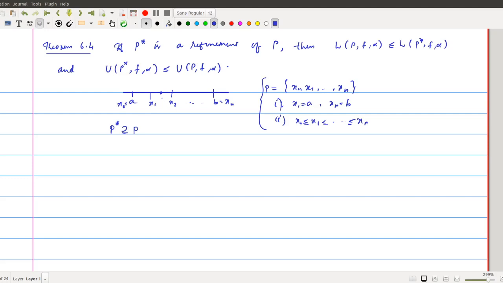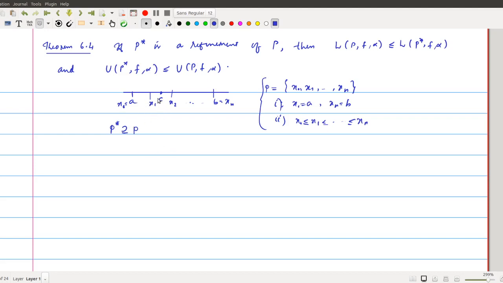If you put a C here, then the new set of points x0, x1, C, x2, etc. will make a refinement of this P. So if you choose any refinement of P, then the lower sum increases and the upper sum decreases. Okay, so this is the theorem.